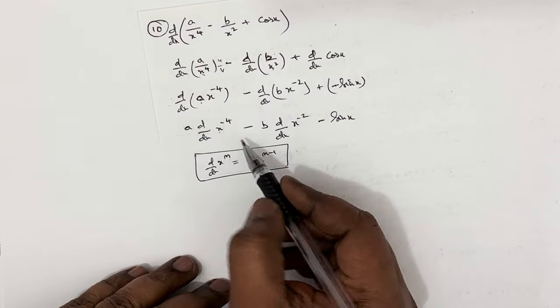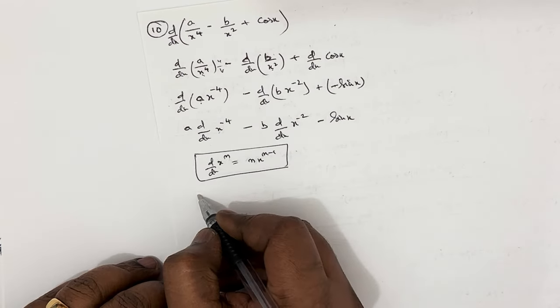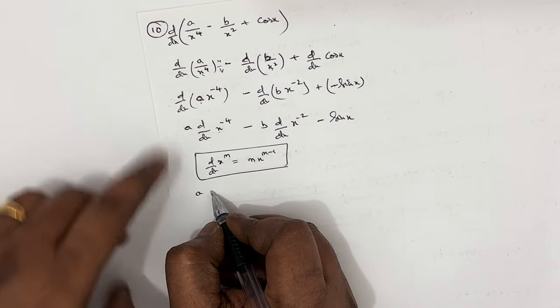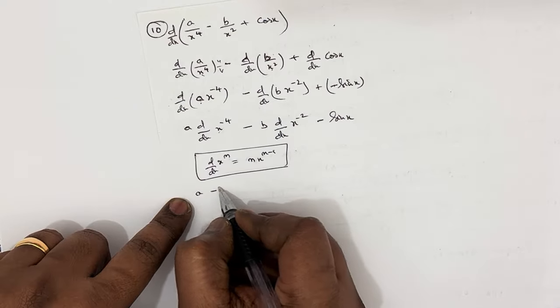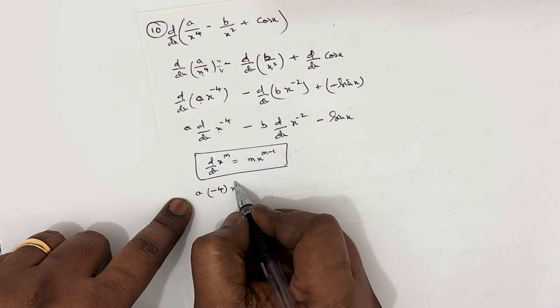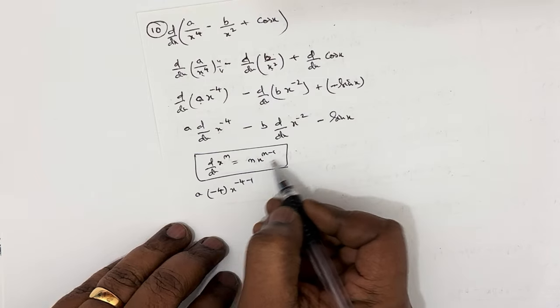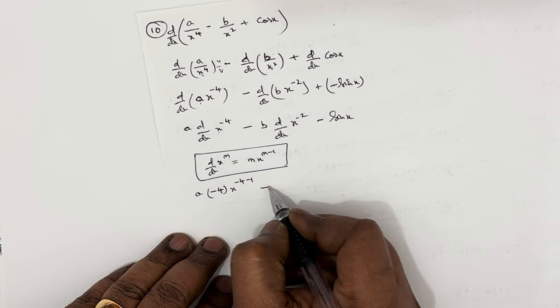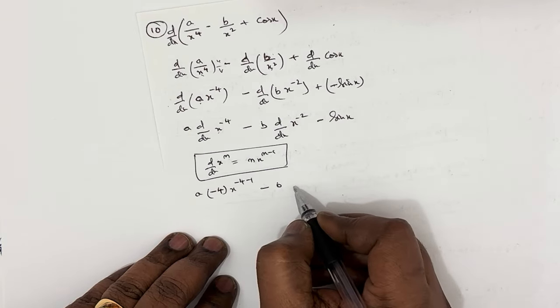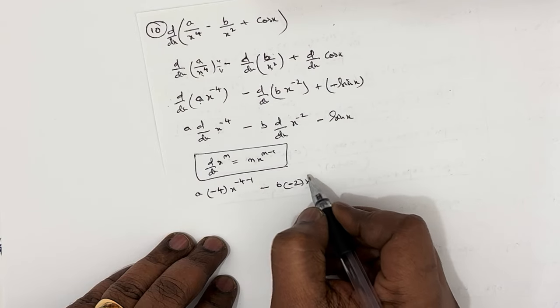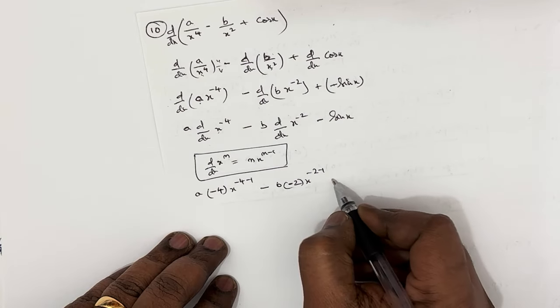So this is n, so it becomes a as it is, 4 x raised to minus 4 minus 1. In this form, minus b, so this will become minus 2 x raised to minus 2 minus 1, minus sine x.